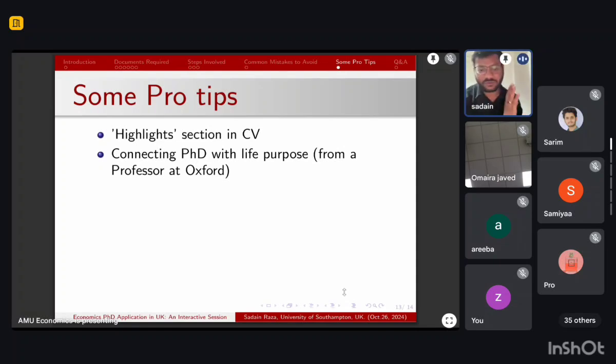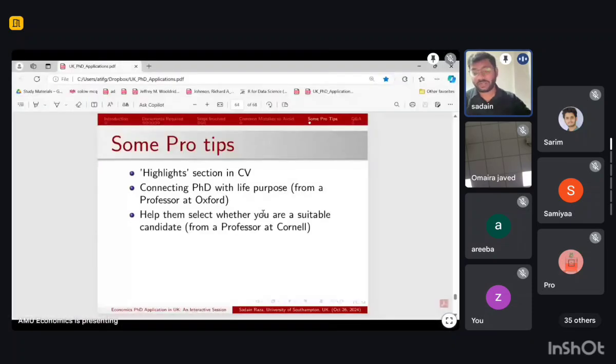This is from a professor from Oxford. The next advice is connecting your PhD with your life purpose. I don't know exactly how to connect a PhD with your life purpose, but I emailed a professor from Oxford, and he said that if you can connect your PhD with your life purpose, this will be amazing. What does that mean?